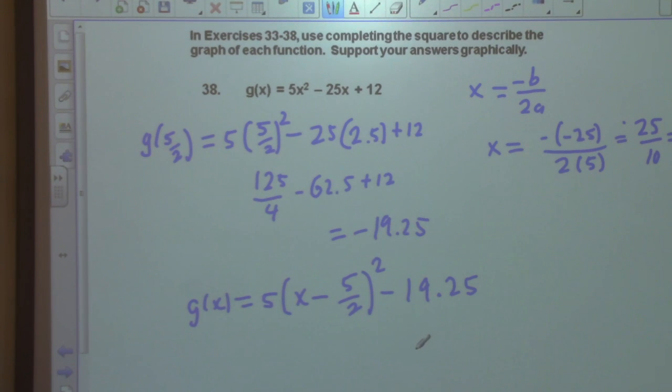Okay, did anybody check that in your calculator, see if that's the same thing? It should be, I hope it is. I have at least 2 people checking it here.